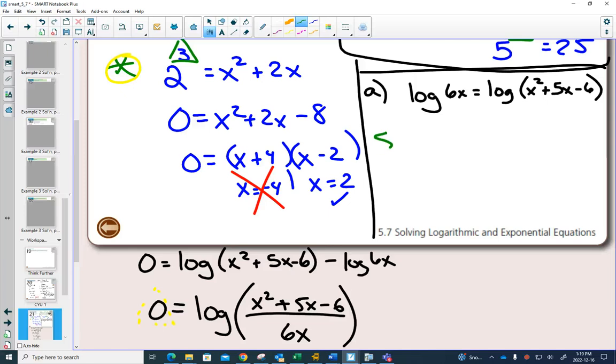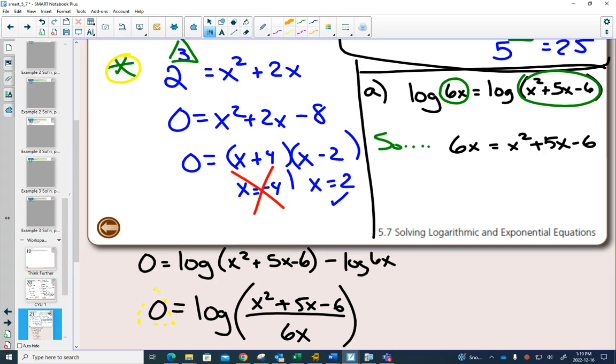We went, so by observation, log of 6x equals log of x squared plus 5x minus 6. If they're the same, does it make sense that the 6x inside the first one has to equal the inside of the other one? Does that make sense of the shortcut?